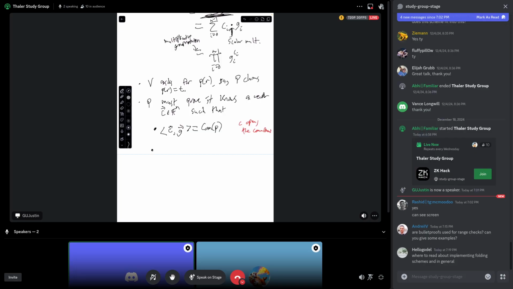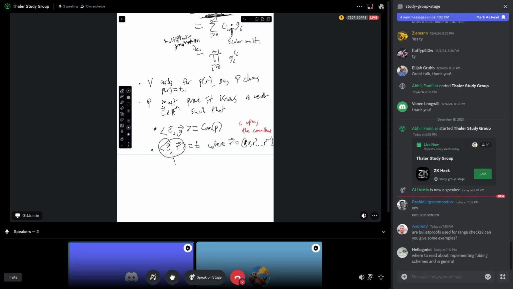So the other requirement is that c inner product, let me call this vector r arrow, equals T, where r arrow is the powers of r: 1, r, r squared, up to r to the n minus 1.